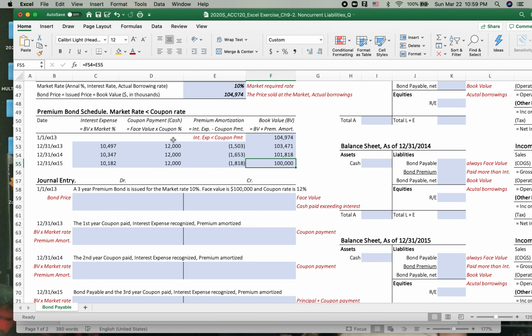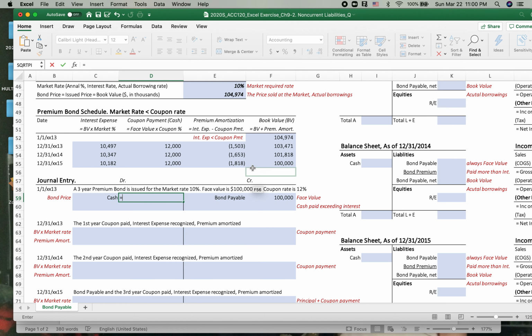Okay, let's convert the premium bond schedule information into journal entries. Now, what account do we need on the credit side? The bond payable, when the company issued $100,000. And how much cash did the company receive?